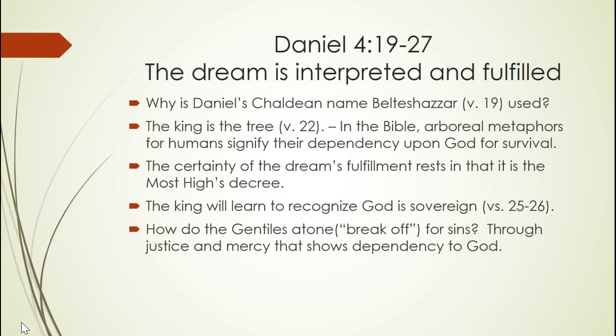So doing things that are just and doing things that are merciful are ways that non-Israelites, as it were, break off from sin. They demonstrate to God that they recognize their behaviors and want to behave in ways that are different.